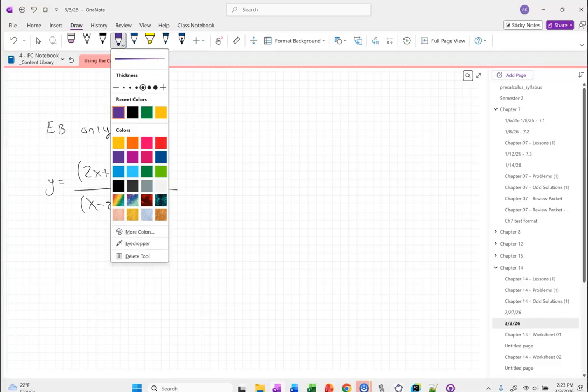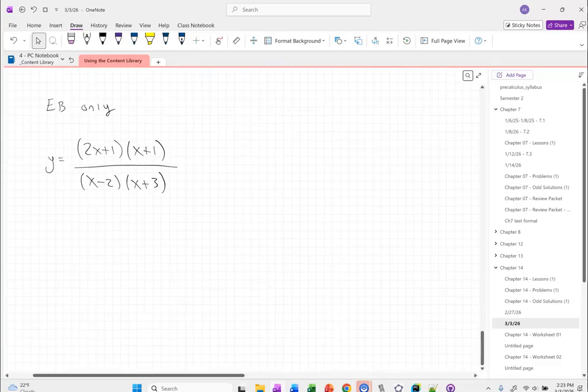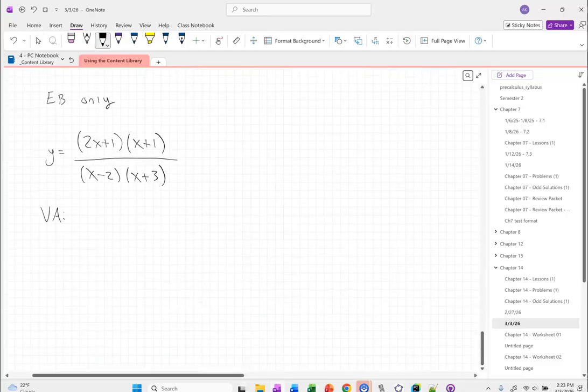Okay. So for us to do the end behavior, we need the information about the asymptotes, right? Just the information about the asymptotes will be enough, since there's no reducing that can happen, and I know that because I wrote it in factored form. What are my vertical asymptotes going to be?